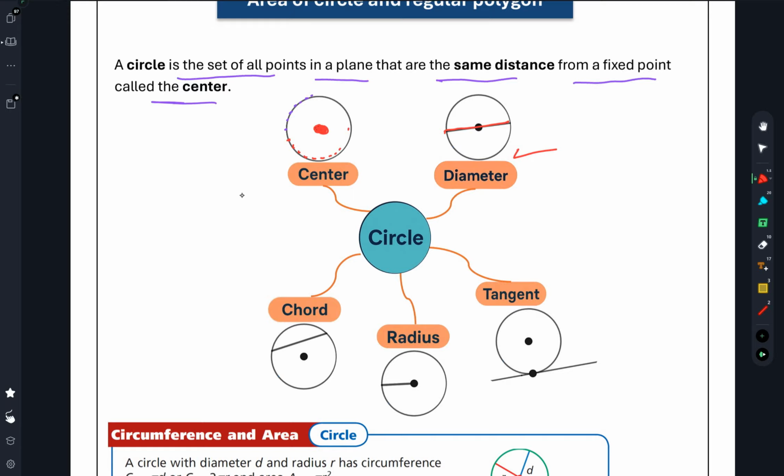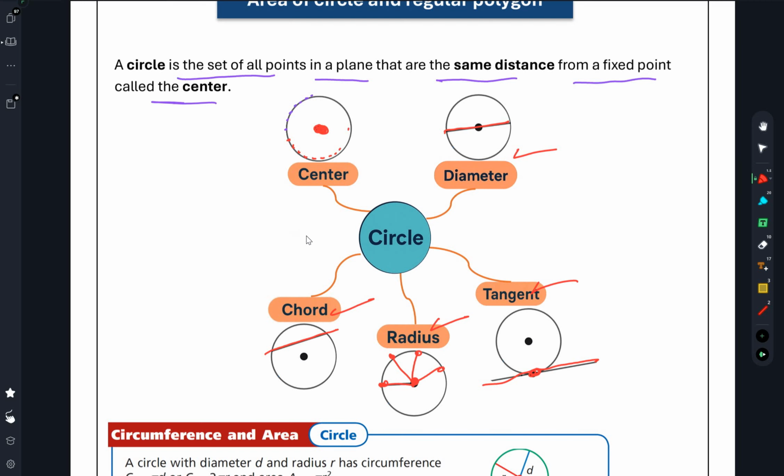If this line doesn't pass through the center, we call it a chord. If we join a point on the circle to the center, anywhere, we call this a radius. And if a line intersects the circle in exactly one point, we call it a tangent.